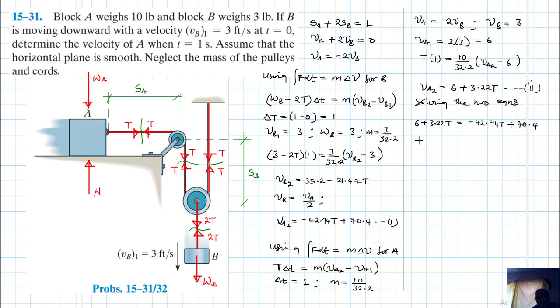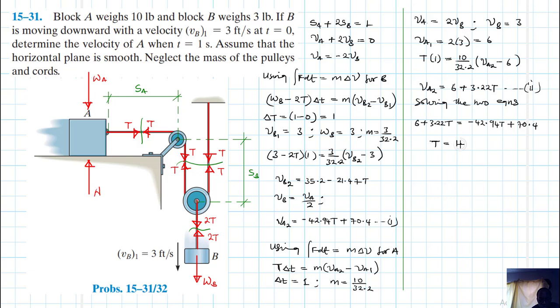So summing up everything else, t therefore becomes, you can solve that, 70.4 minus 6 divided by 3.22 plus 42.94.